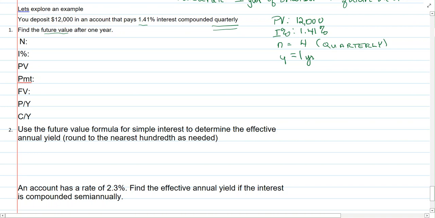Okay, so we're going to do it by our calculator because we understand that. So we're talking 4 times the 1. So we know that's 4. The interest rate is 1.41. Our present value is $12,000. 0, 0, and then this is our N, 4 for quarterly. We're going to do an alpha solve in future value.